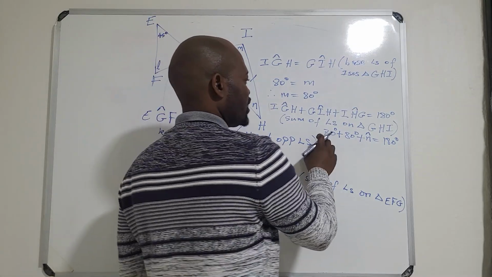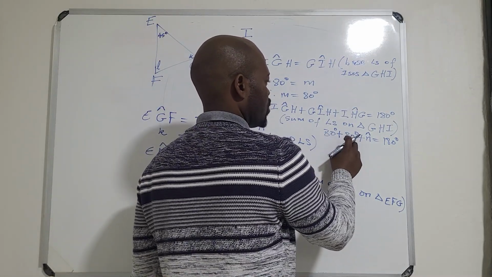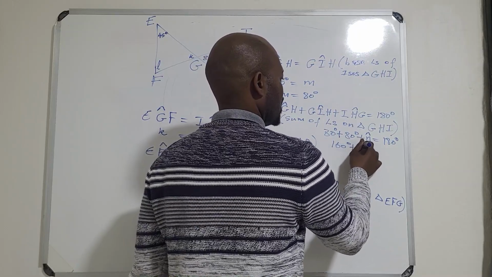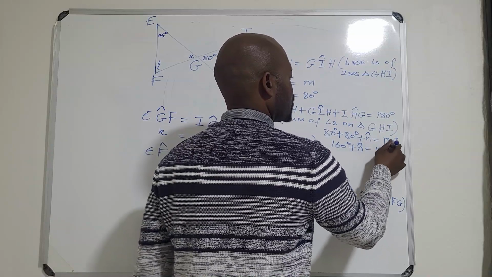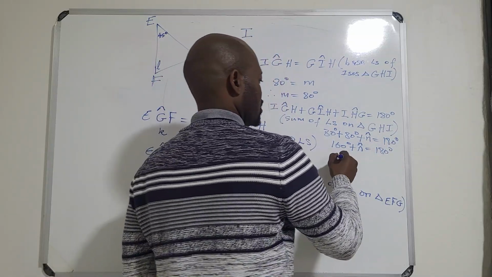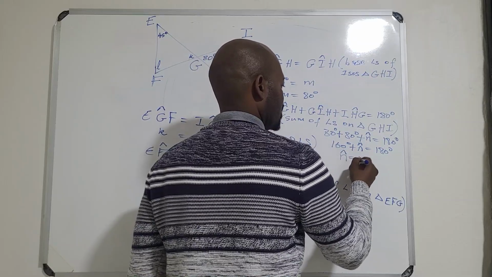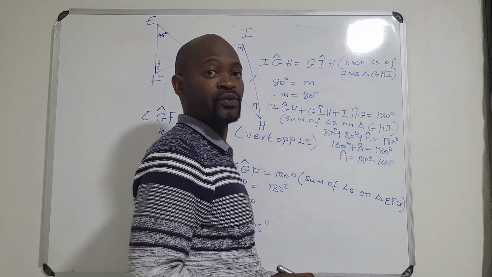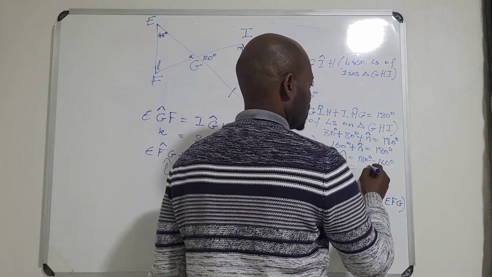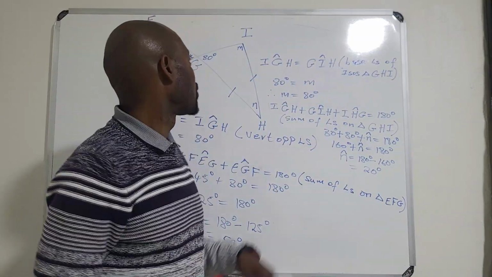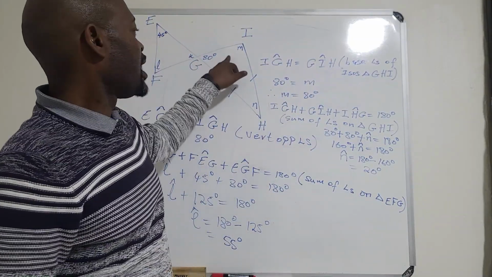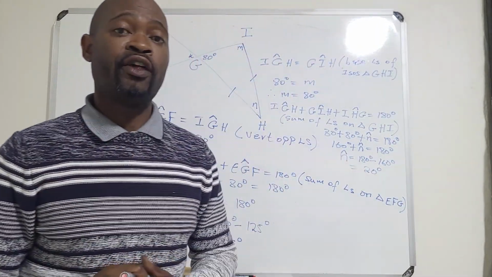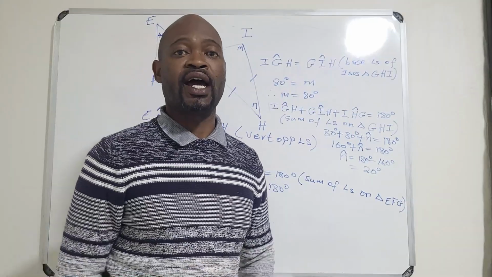Now, this plus that is 160, plus angle N equals 180 degrees. Therefore, angle N is equal to 180 degrees minus 160 degrees, which gives 20 degrees for N. We've got K, L, M, N in that order. I always maintain the order that they said we should find these angles.